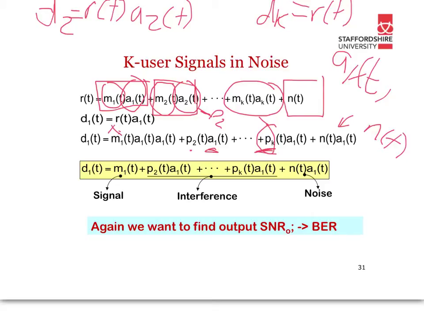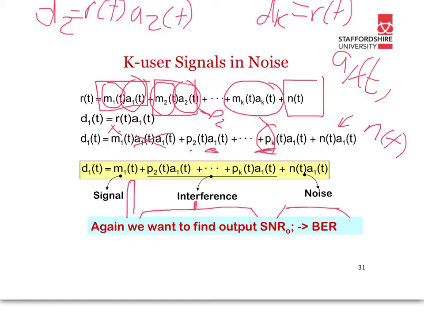So the signal terms cancel each other, plus we have some spreading gain. Then we have P2 times A1 plus PK times A1, which we've shown in the previous slides are wideband interference, plus the noise. Our signal is much narrower now, and it has a high amplitude.